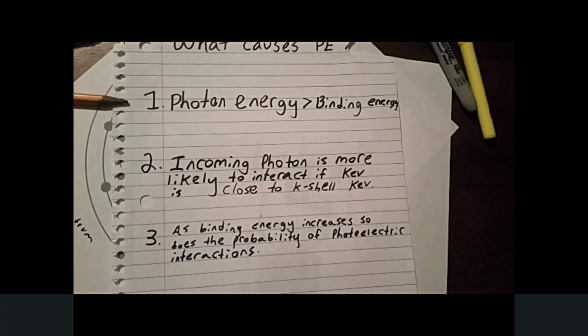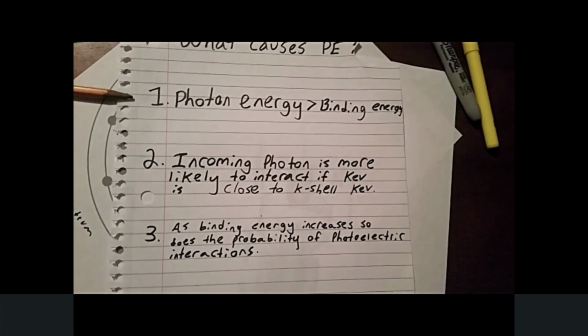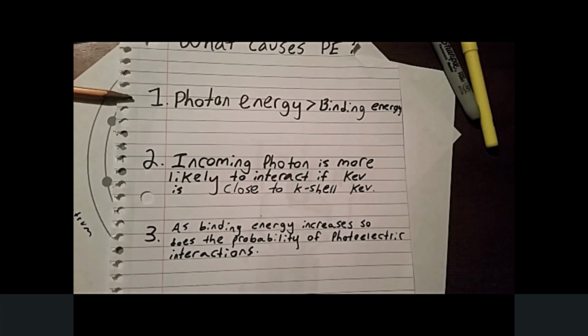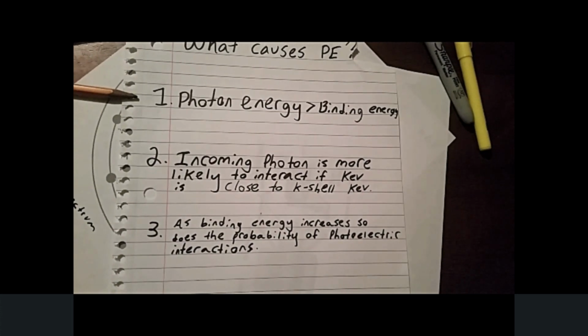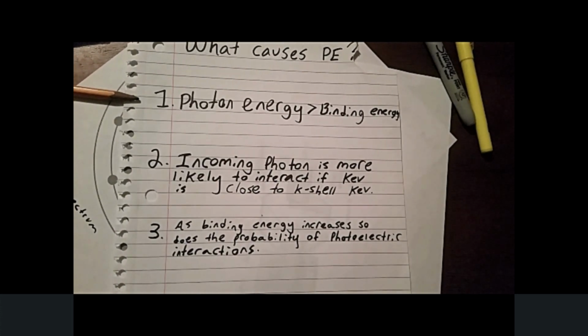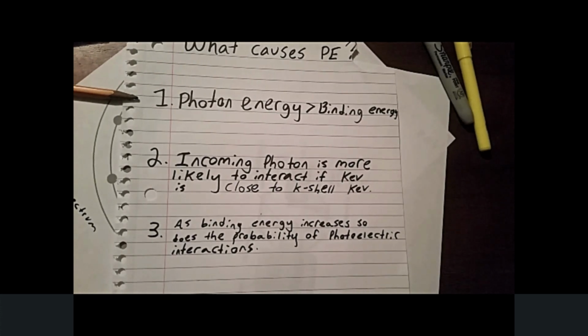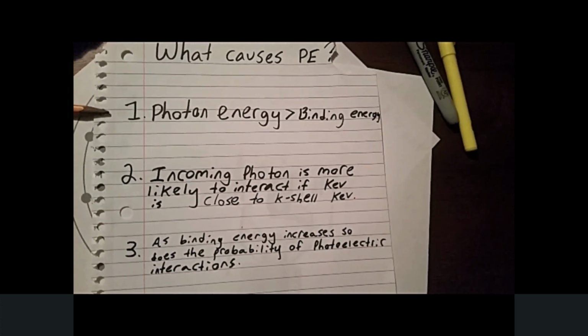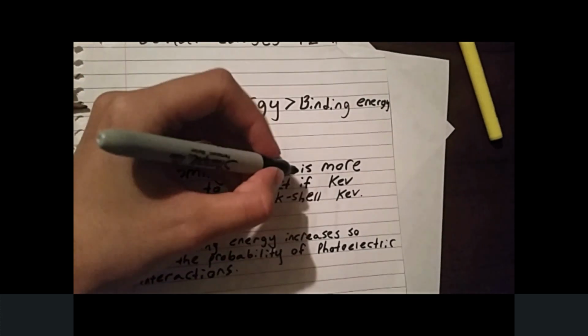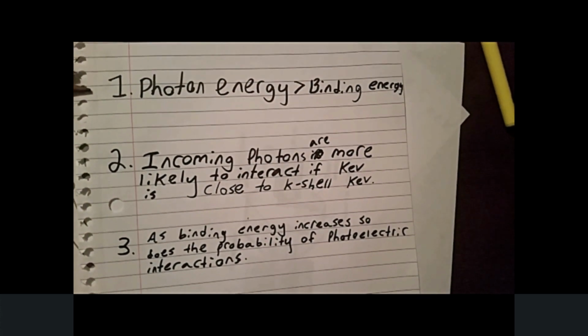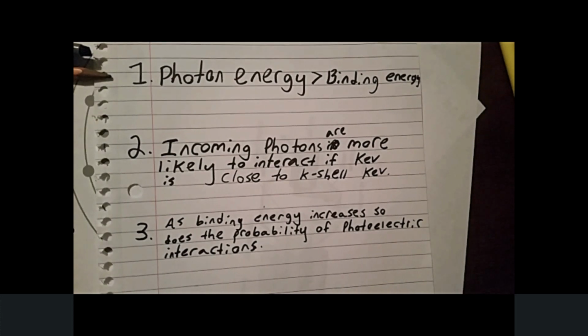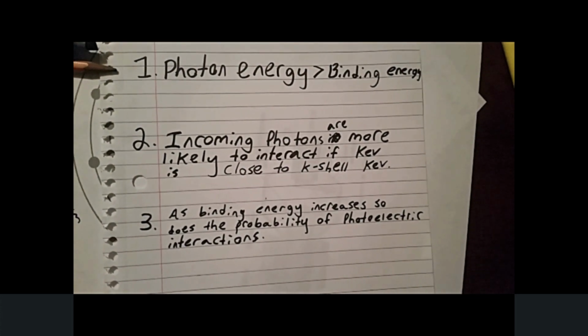If a photon was any less than the binding energy, it could interact with the other shells, but not necessarily the inner shells. It just doesn't have enough energy. The second important thing to remember is that incoming photons are more likely to interact if the kiloelectron volts is close to the K-shell kV.